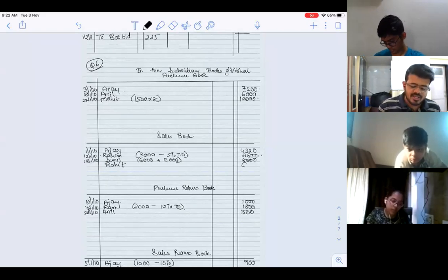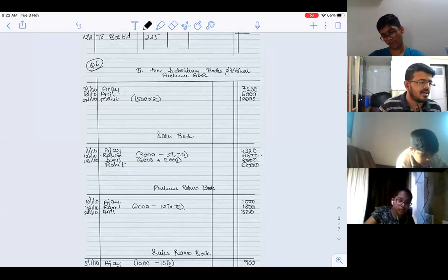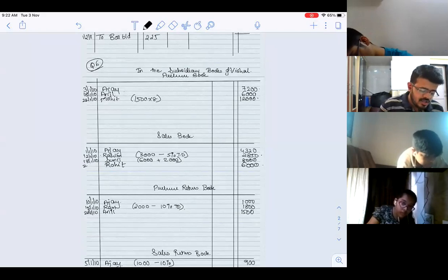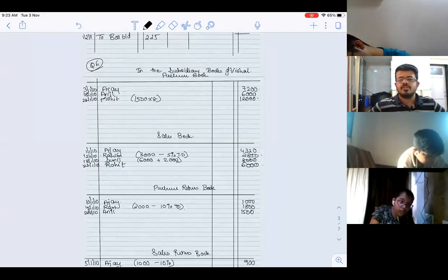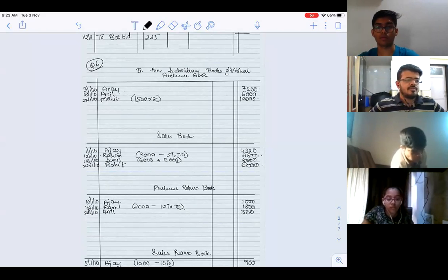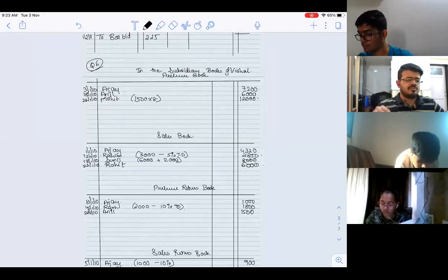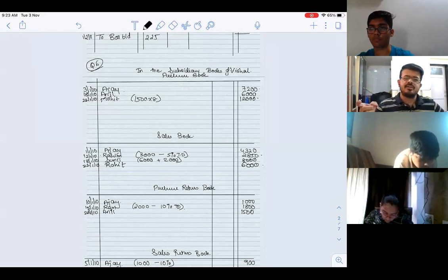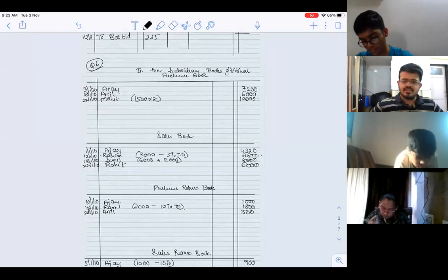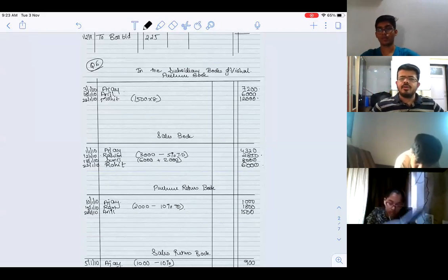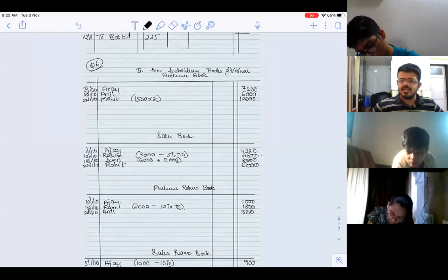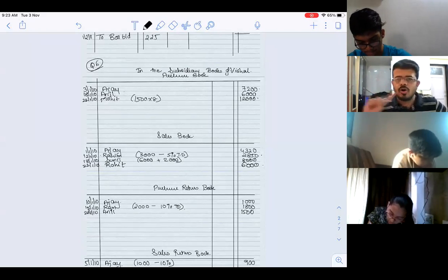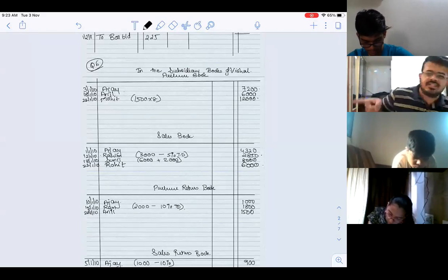If here it had been profit on cost instead of profit on sales, what would we do? 3 into 1,500 is 4,500, and we would add 25% directly to 4,500. But here the profit was not on cost, the profit was on sales.